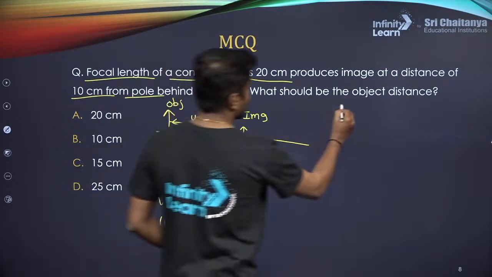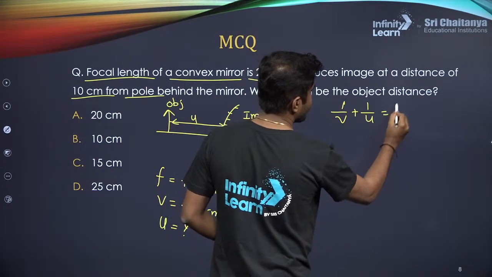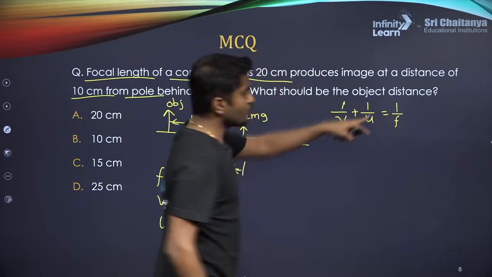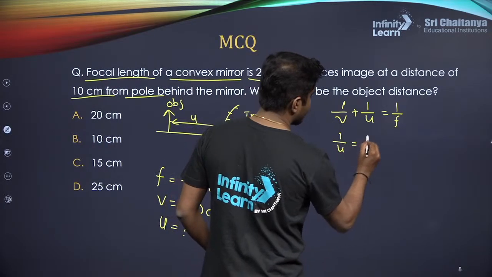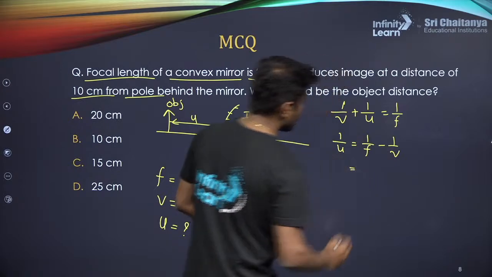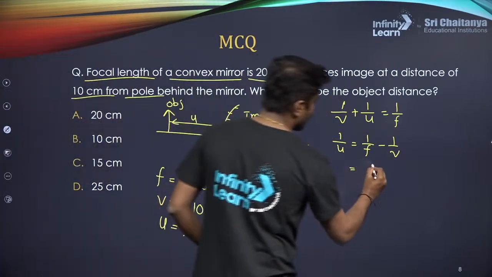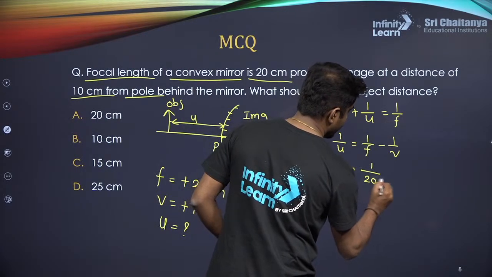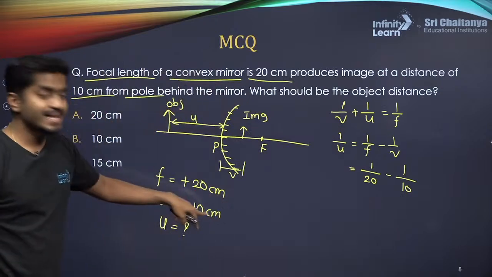So what is the equation? 1 by V plus 1 by U is 1 by F. We want to calculate U, right? So 1 by U is nothing but 1 by F minus 1 by V. So what is the focal length? Focal length is plus 20. So 1 divided by 20 minus 1 divided by 10. This is plus 10.